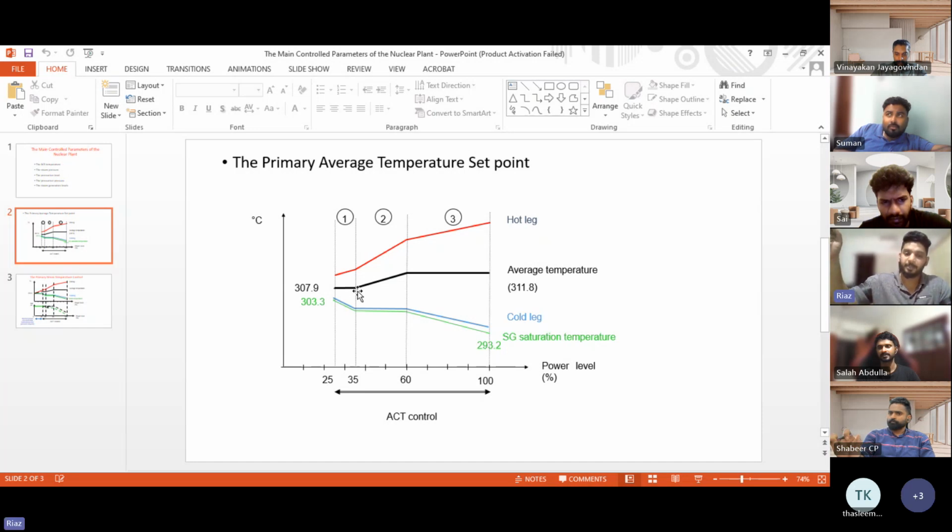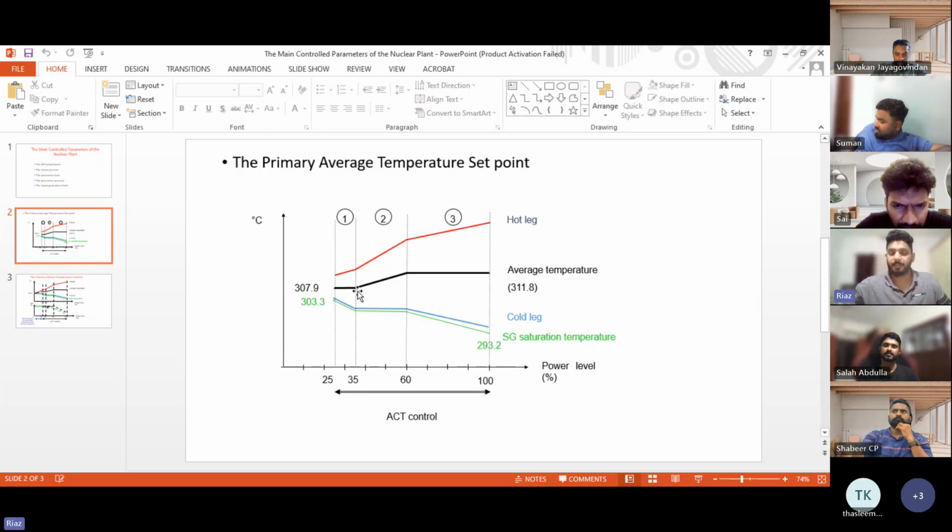So if it is 25 to 35, it will maintain that pace. If it is increasing on the generator side, it will automatically increase on the reactor side. If you look at the figure, if it is increasing from 35 to 60, then on the reactor side we don't need to do anything extra.